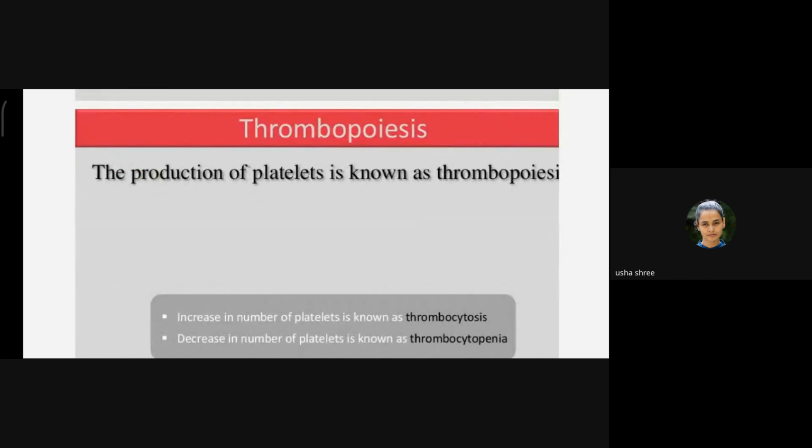Now, the production of platelets is known as thrombopoiesis. Okay, the process through which platelets are produced is known as thrombopoiesis. And increase in number of platelets is known as thrombocytosis. And decrease in number of platelets is known as thrombocytopenia.